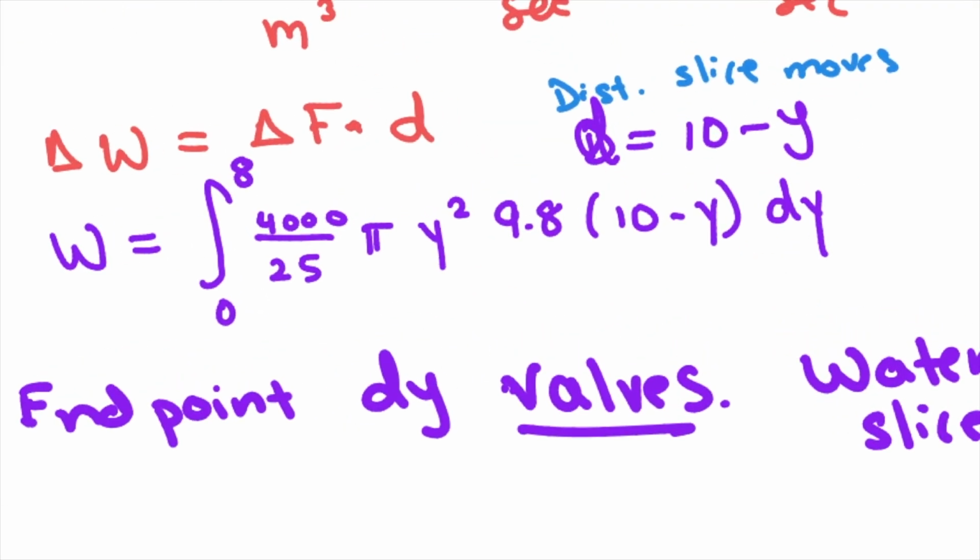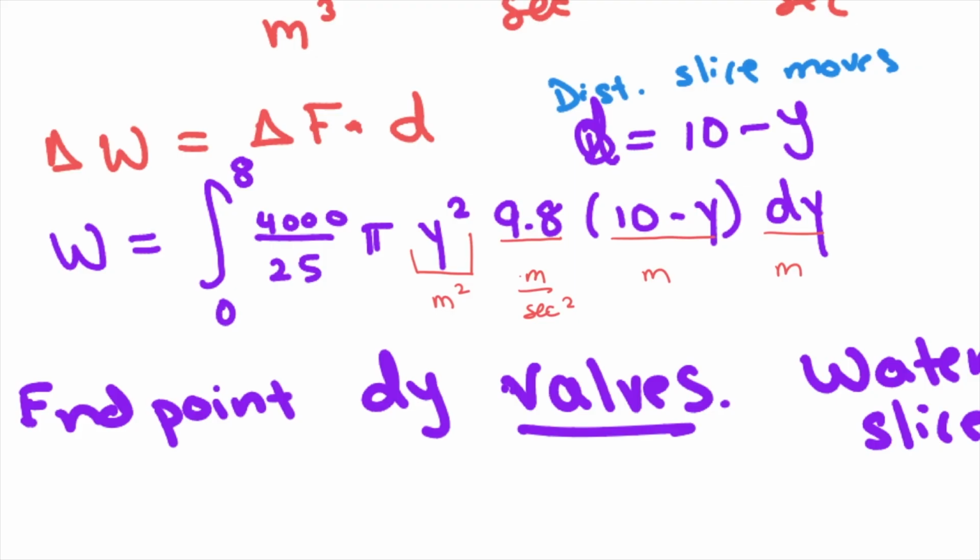Again, let's talk about units because I am obsessed with getting these units correct. All right, so we now know our final units. We have the y squared, which is going to be meters squared. We have 10 minus y, which is meters again. dy, which is meters. We have 9.8. The 9.8 is acceleration, which is meters per second squared.